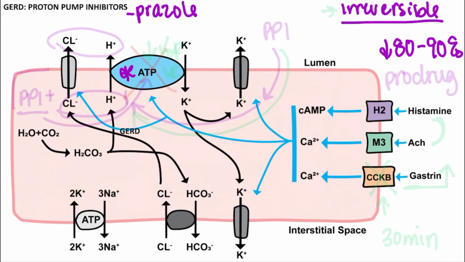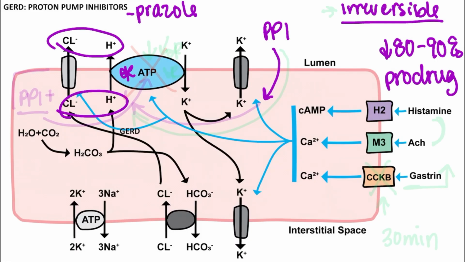So each of the PPIs are administered as a prodrug, meaning they need to be converted into their active form before they can be effective. And this activation actually occurs in the presence of acid. So once the PPI is administered and absorbed into the parietal cell, the drug begins to accumulate in this area where that acid is going to be secreted initially.